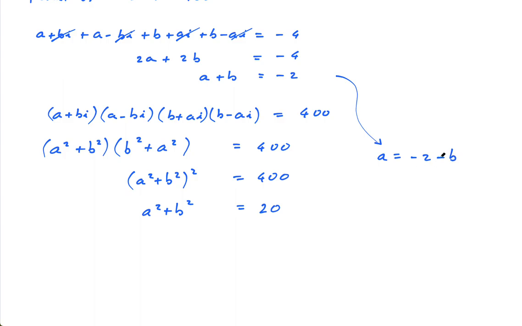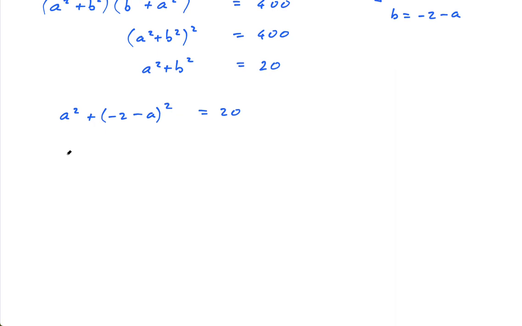So I wanted to do b, sorry. b equals minus 2 minus a. So I'm going to sub that in here. So I can say a squared plus (minus 2 minus a) squared equals 20. Now I just have a quadratic that I can solve.